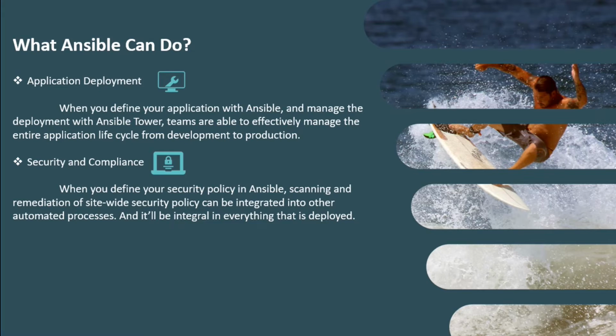So this is one of the very important features or advantages you are going to get when you are using a configuration management tool. And this is applicable to all the configuration management tools, let it be Puppet or Chef or Ansible.